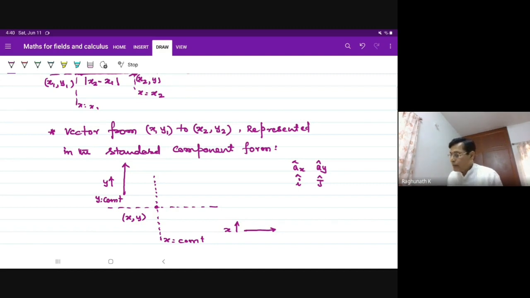What is Ax? At any point, vector of unit magnitude perpendicular to x is equal to constant line passing through that point in the direction of increase in x.